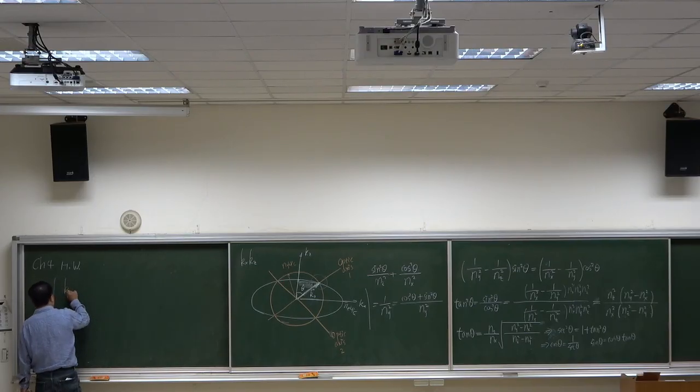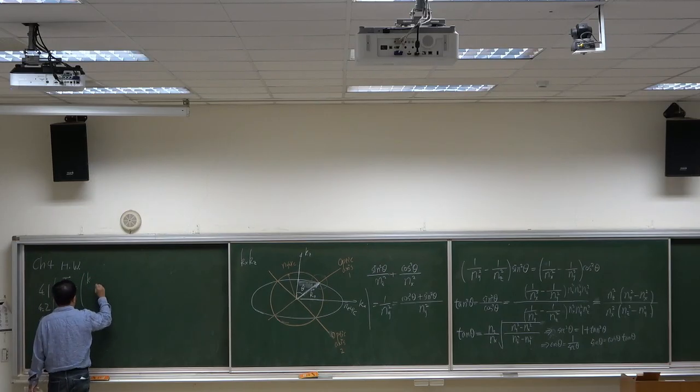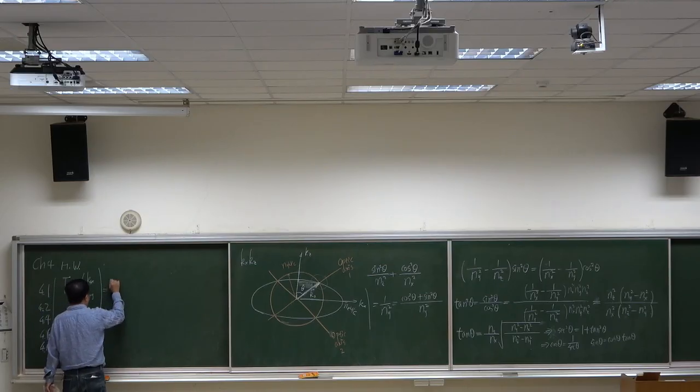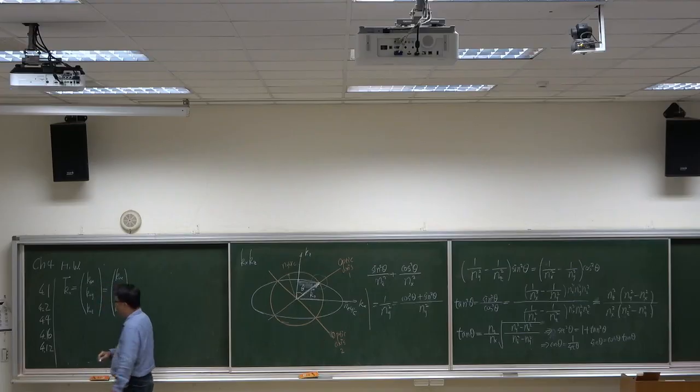First, we know that we have K0. K0 is written as K0x, K0y, and K0z. And we know that K0y is in fact equal to 0. K0x, K0z. Okay.